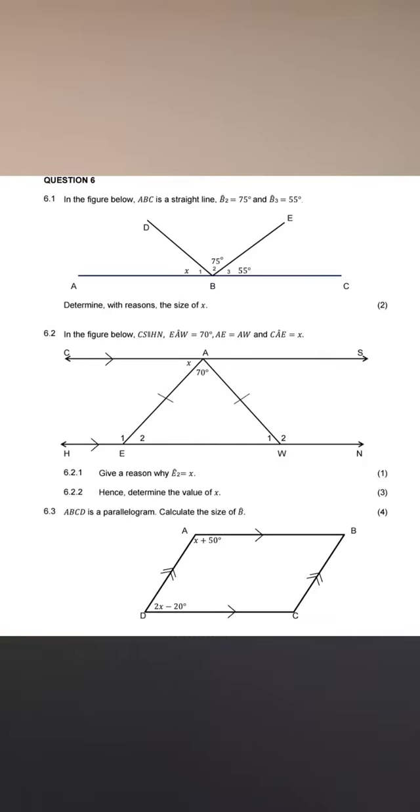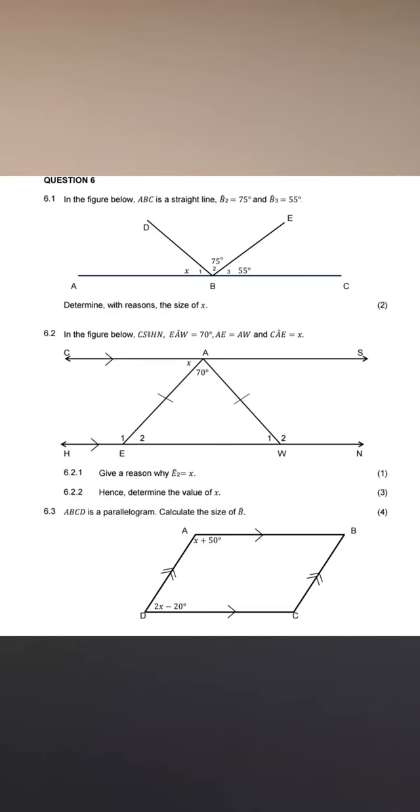So I think we can all agree then that for 6.1, right, we can see that 55 degrees, angle B3, angle B2, and angle B1, they all share a common vertex, which is B. They share a common vertex, which is B. Okay, a vertex is a point where lines meet. That's what a vertex is. So B is our vertex.